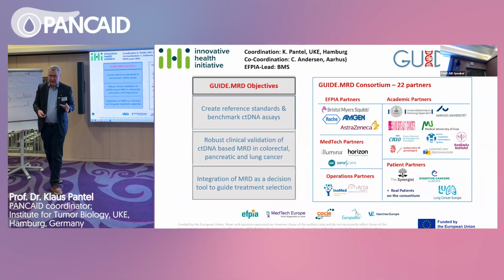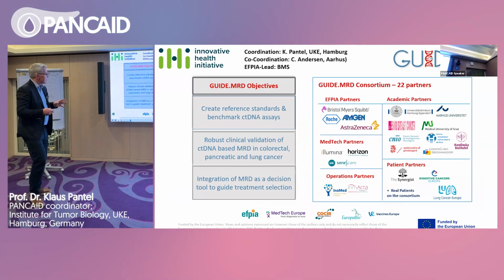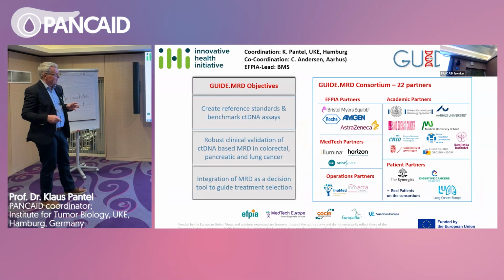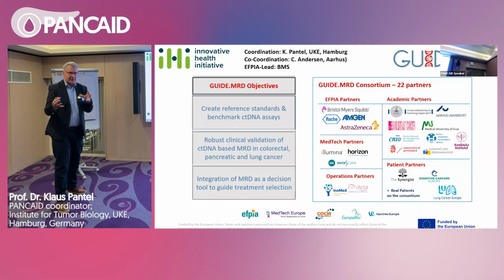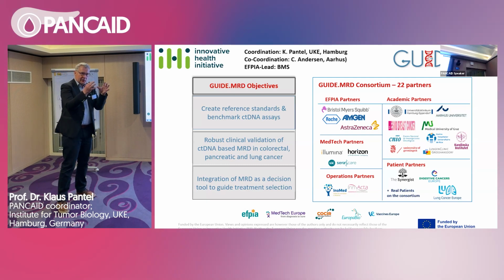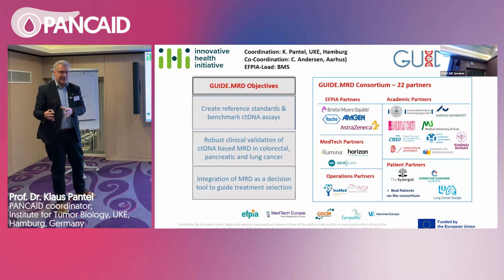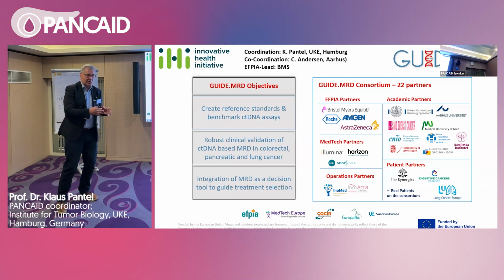In this EU project, which is called an IHI initiative, you have a partnership of academic partners and companies. It's almost 50-50 funding: the EU gives you 50% and the companies give you 50%. If the companies give you a lot of money, the EU gives you a lot of money.